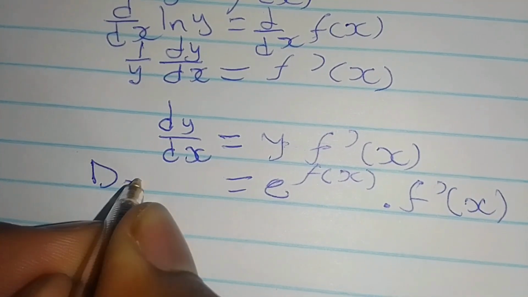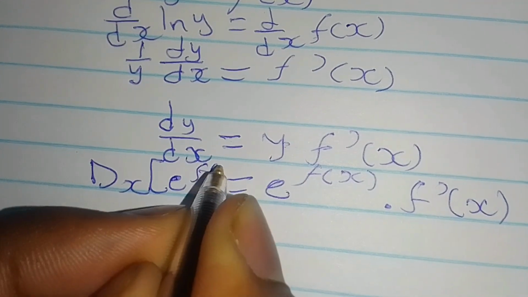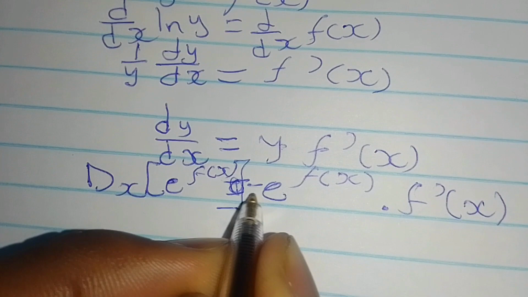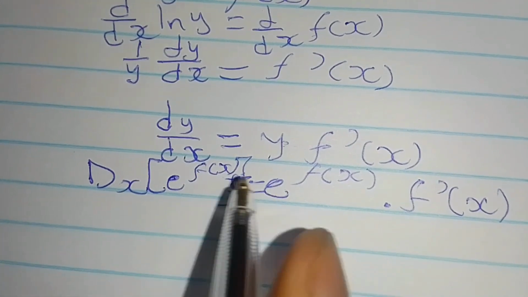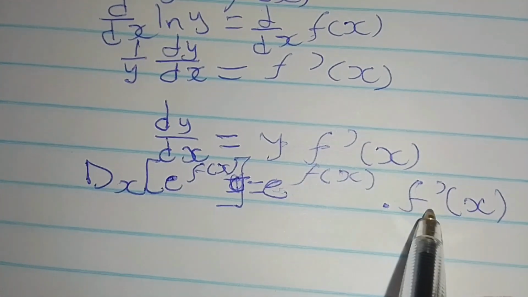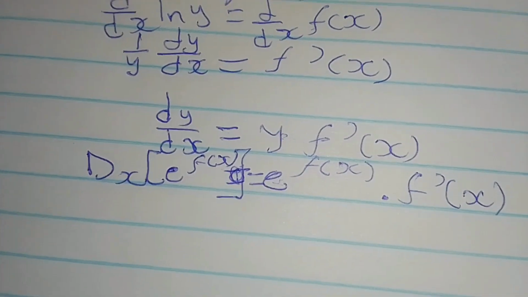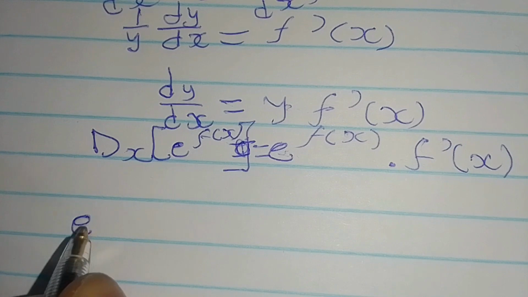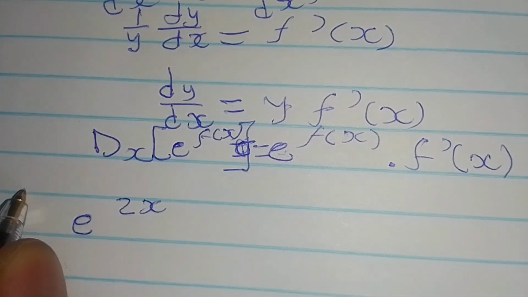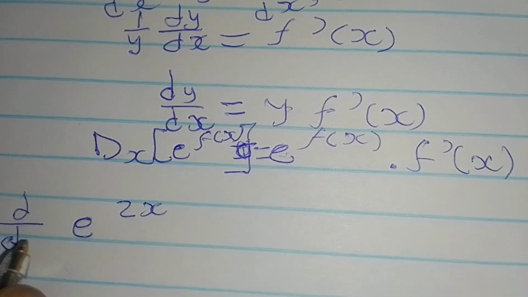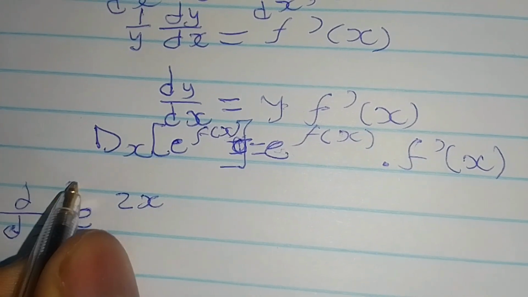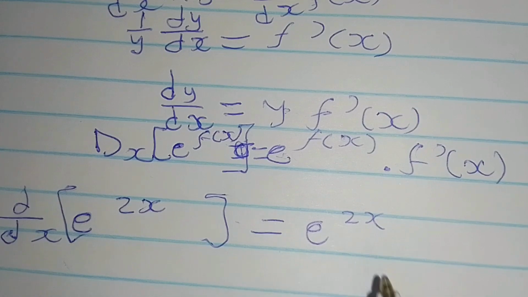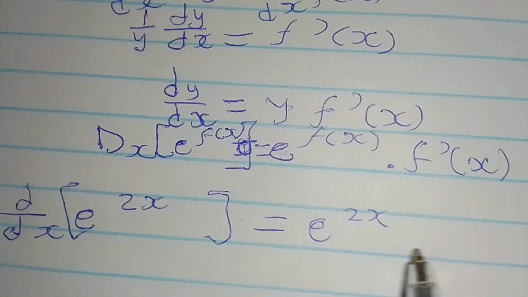What this means is that if I'm deriving e to the power f of x, then I'll have e to the power f of x times f prime of x. So I can use this formula to say that if I'm deriving e to the power 2x, d over dx of e to the power 2x, then it's e to the power 2x, then I multiply by the derivative of 2x, which is just 2.